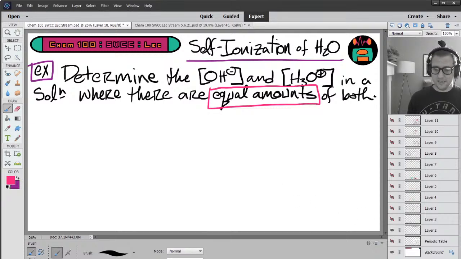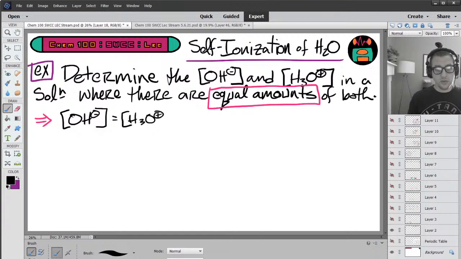That means if there's equal amounts of both, the concentration of hydroxide is equal to the concentration of hydronium. And so we can make a substitution into the equation for the self-ionization of water.